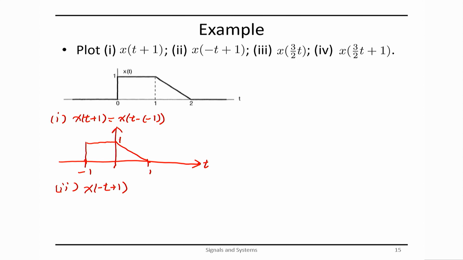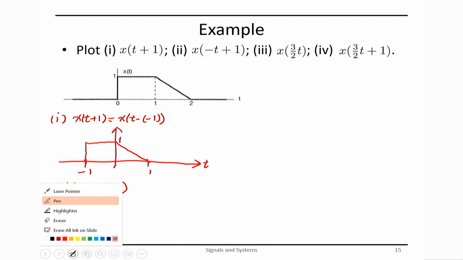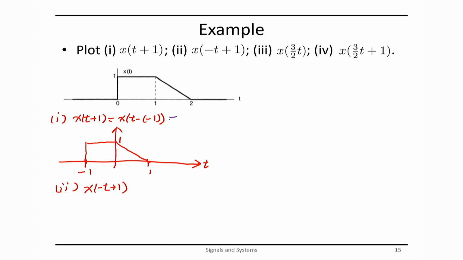Now, if you observe the similarity between these two functions, you will see that if you view the above function, x of t plus 1, as some function y of t, then this function on the bottom is just y of minus t.